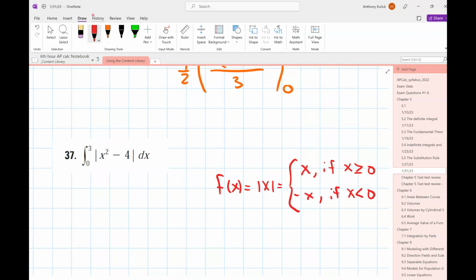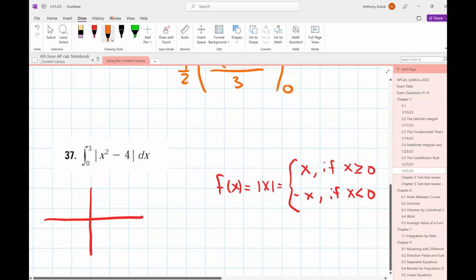So if I look at the graph of x squared minus 4, what does that look like? It's a parabola, and it opens up. What are the x-intercepts?